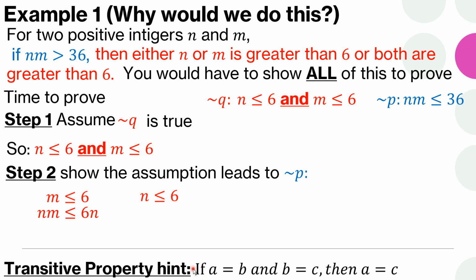So we're going to multiply both sides by what? 6. So we're going to take that 6, spread it on out. 6 times n, 6 times 6. Let's go clean this up a bit. So we have 6n is less than or equal to 36. So this is where that transitive property can come into place. A is less than or equal to B, and B is less than or equal to C, then A is less than or equal to C. And that's exactly what we're trying to get up here.